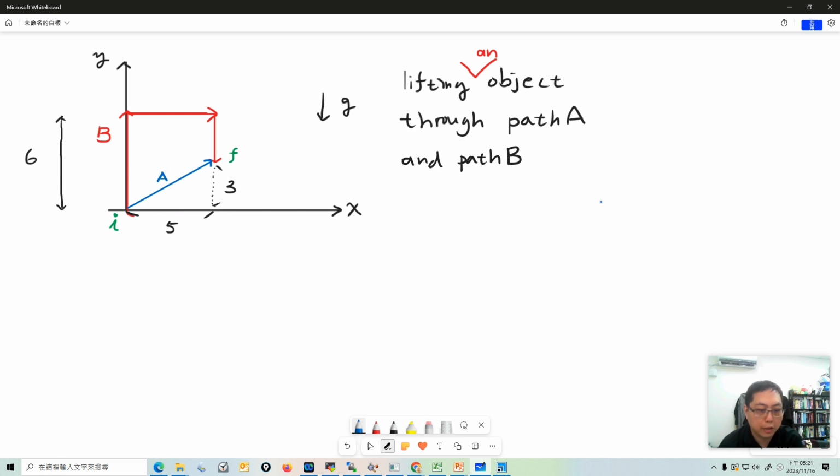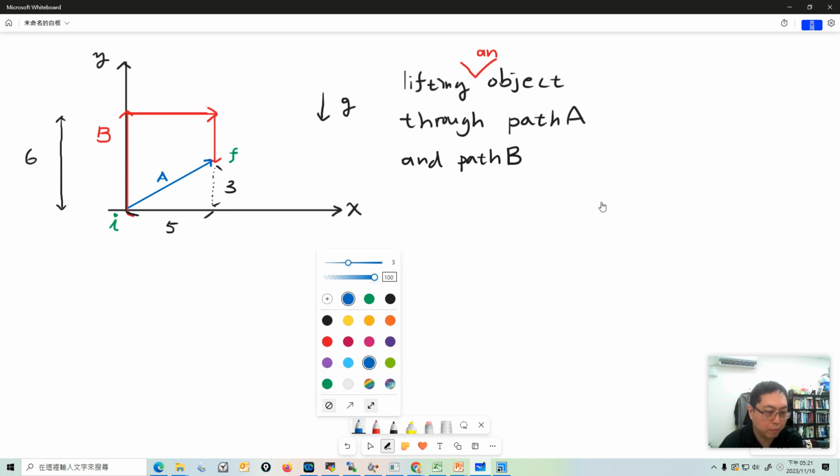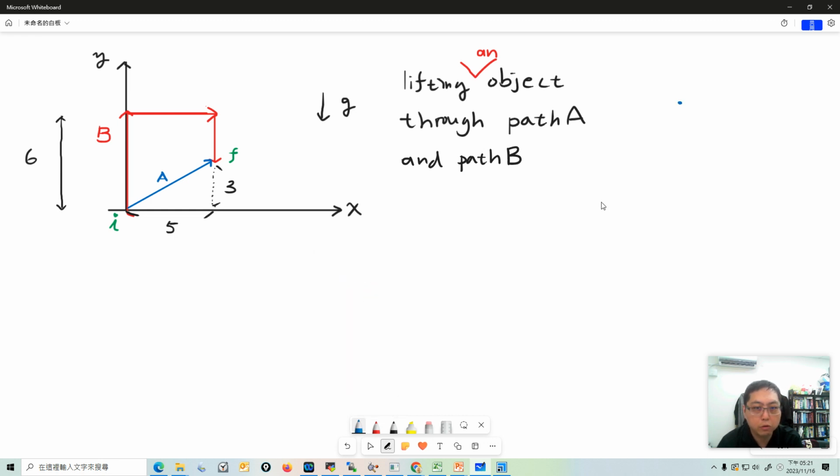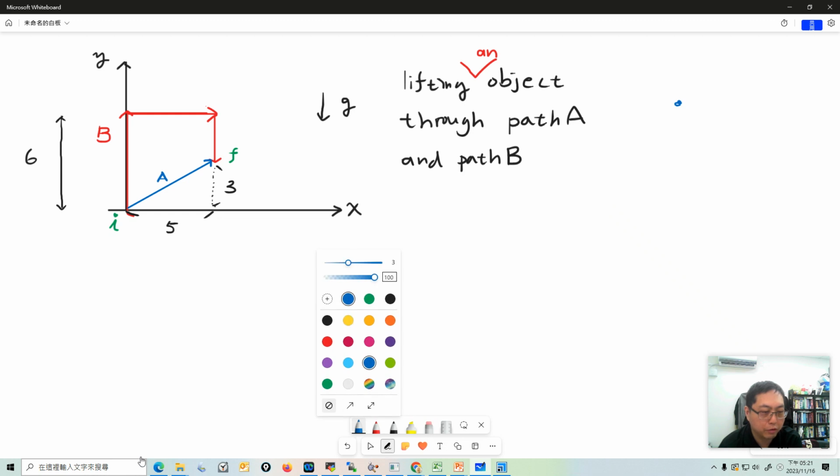Also, let me draw the free body diagram. Same thing as before, we want to pull the object at a constant velocity.